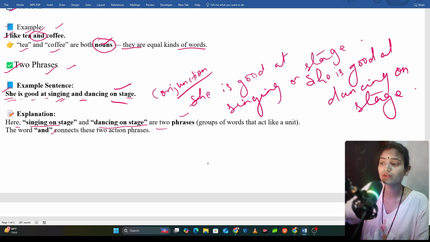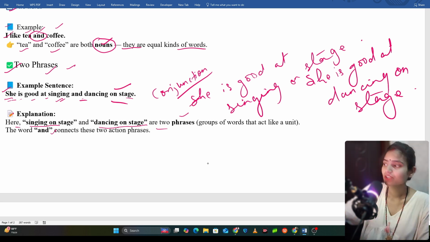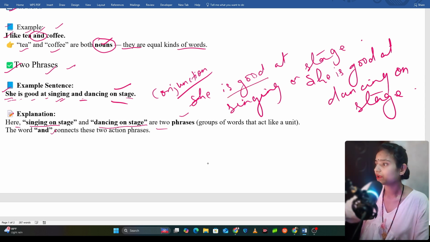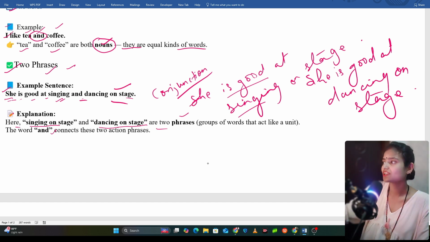But we are talking about the phrases here. So see here, even in the sentences, what can we do? We can shorten the sentence, and it will look good and professional when we talk. Okay. So this is why we are using what? We are using conjunction. Now see, it is very lengthy if you say she is good at singing on stage, she is good at dancing on stage. Yes or no? So what will we do? We will shorten these sentences.